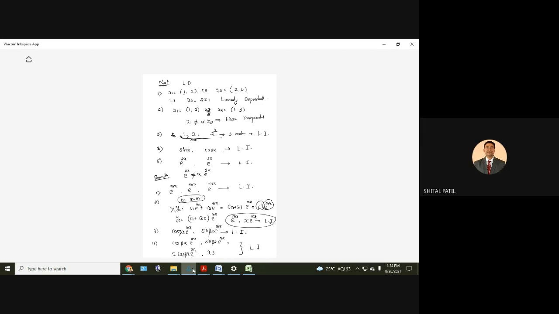Complete function. Sin of beta x e raised to mx. Formula number 4. These are the 4 linearly independent functions.